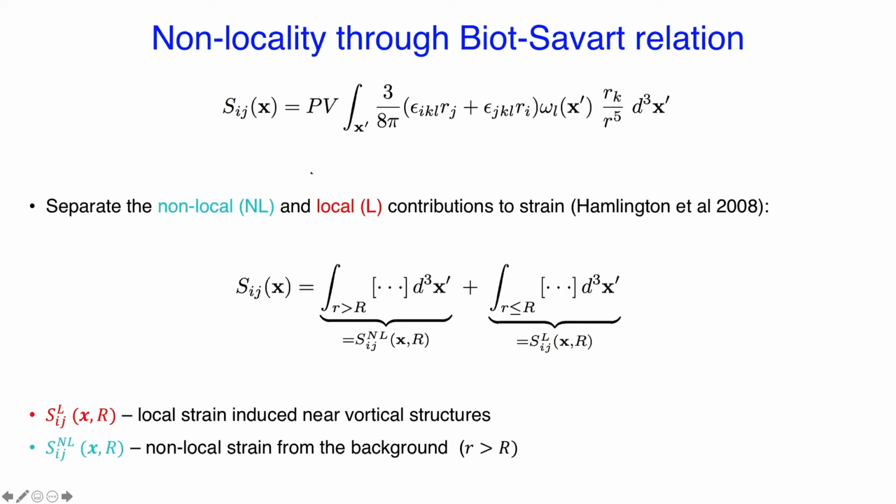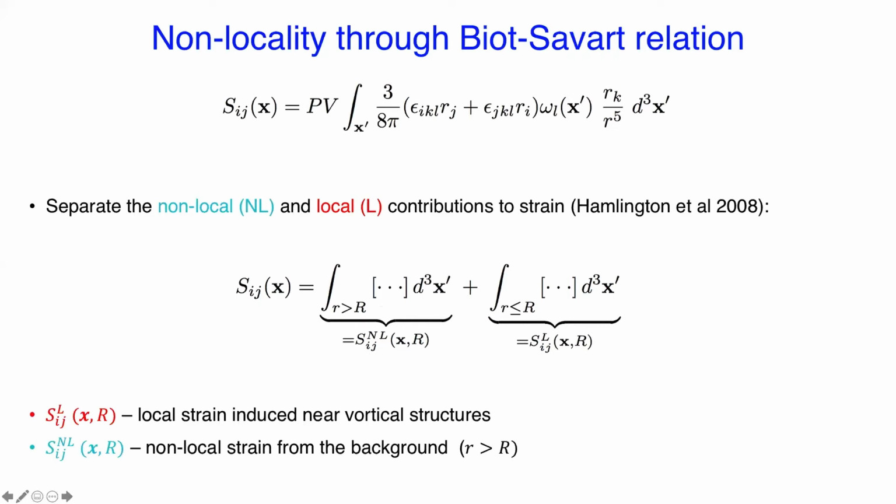In order to isolate the local and the non-local effects, we consider this simple decomposition. If I take a point of origin, then this integral goes from 0 to infinity. And what we want to do is break up this integral into 0 to some capital R and then R to infinity. So essentially this gives us a non-local contribution, which can be interpreted as a background strain acting on these vortex tubes.